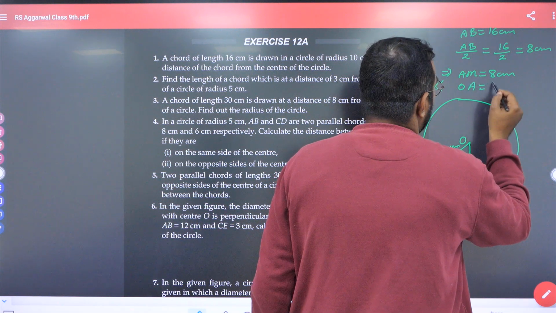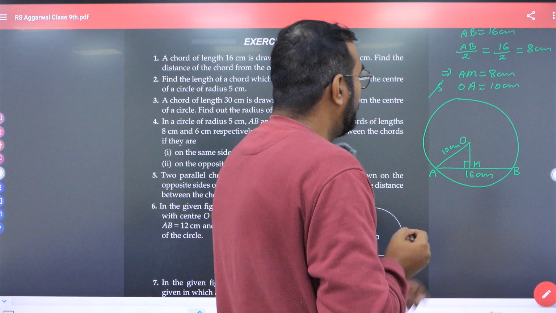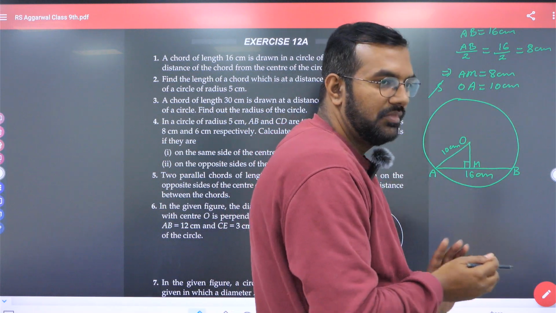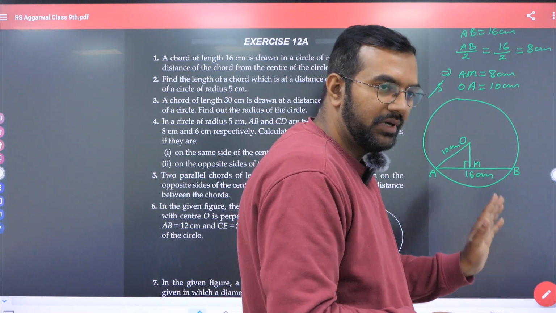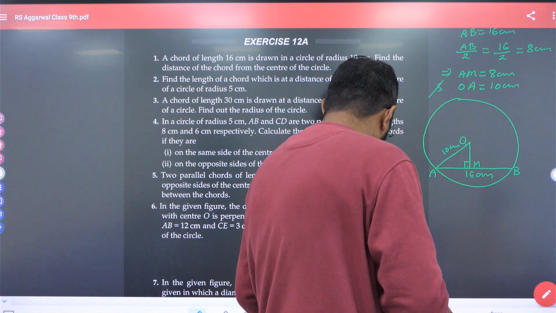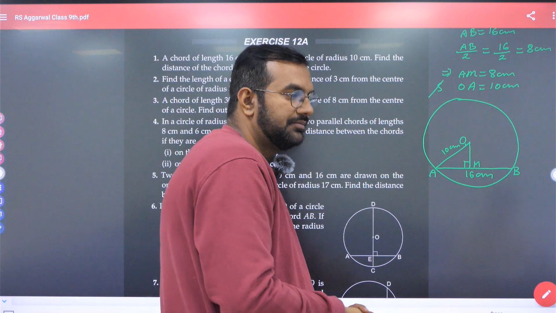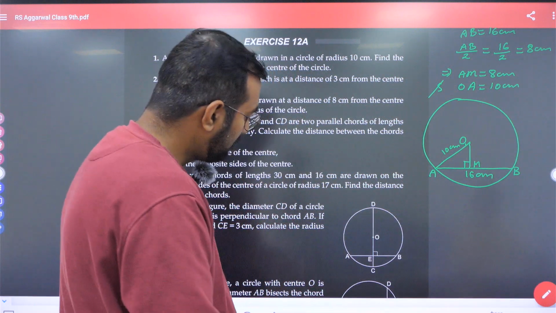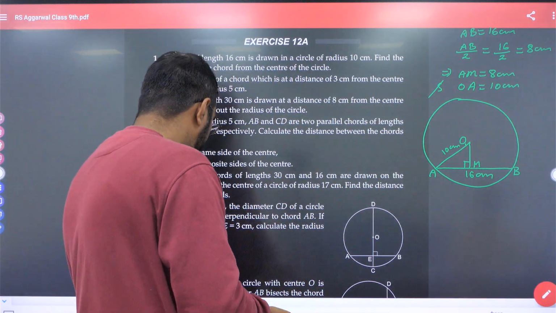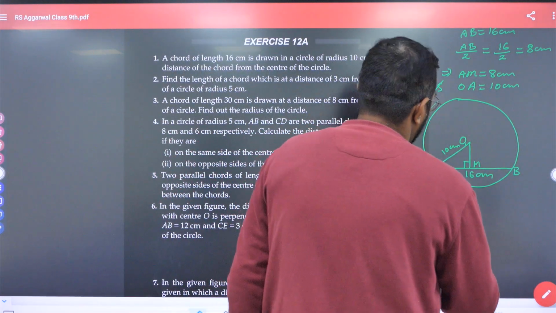OA is equal to 10 centimeter. Now in triangle OAM, you will apply the Pythagoras theorem, you will get the value of OM. That will be 6 centimeter. Okay, beta? Yes, sir. So we should apply that, right?